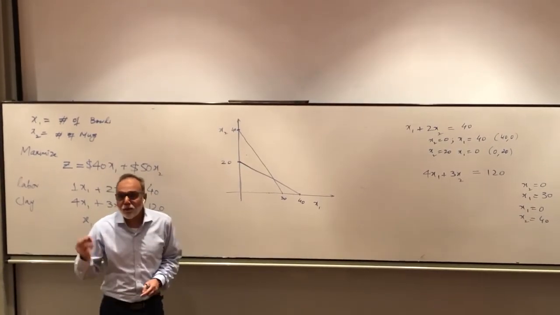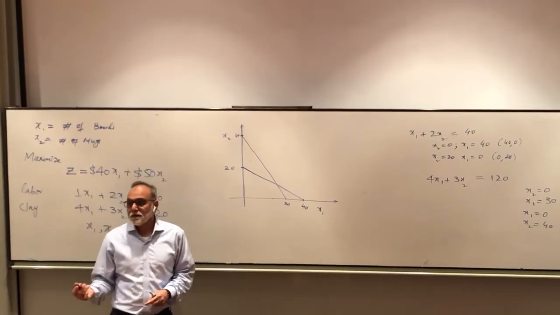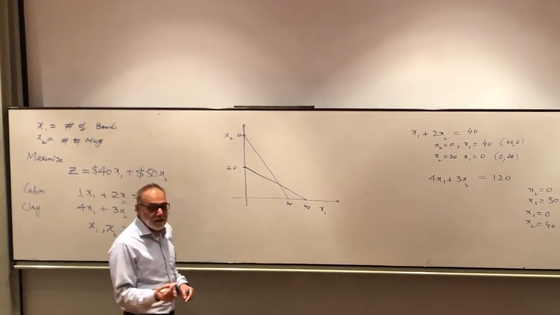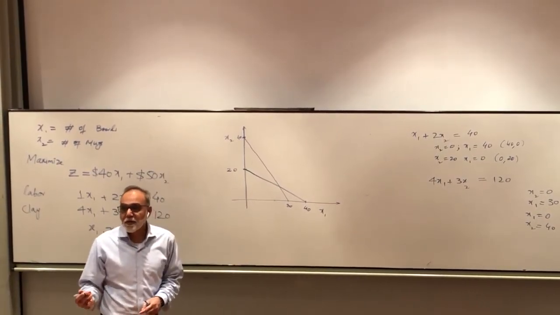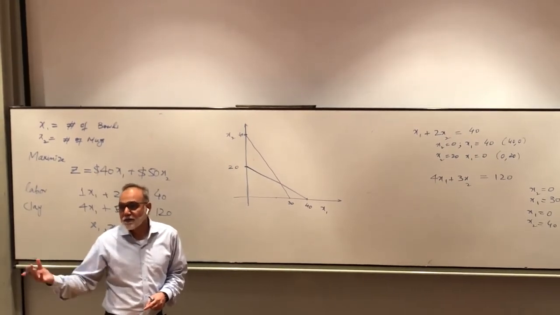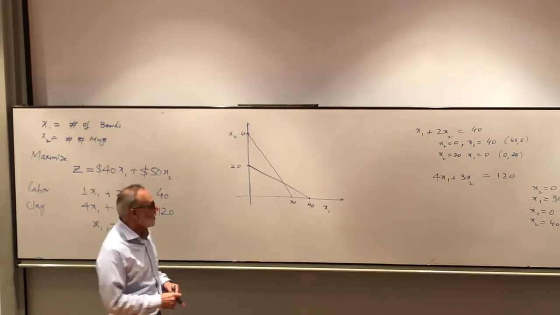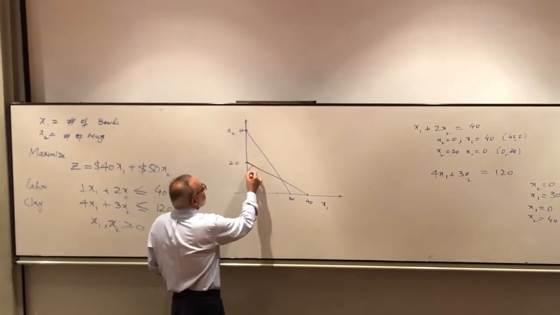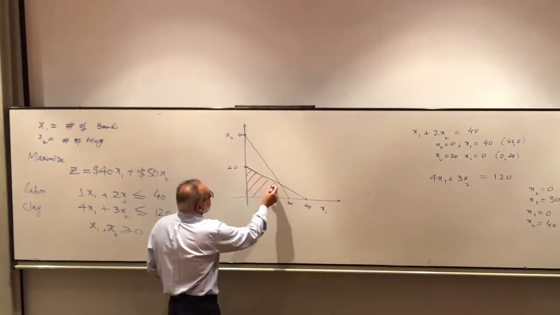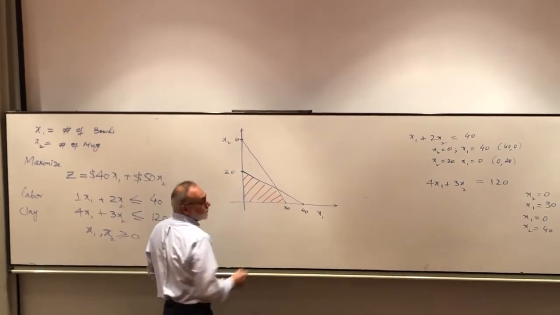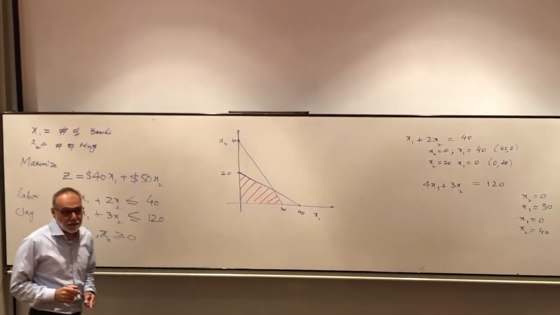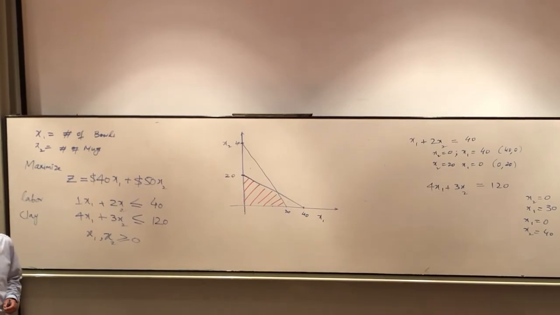So when both are satisfied, then that is called the feasible region, the region in which the solution lies, and the feasible region is this area.